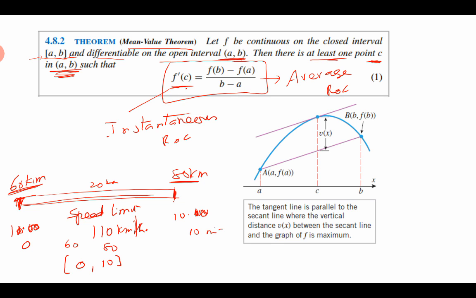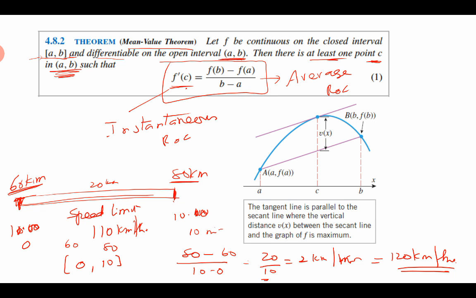Now find the average rate of change: 80 minus 60 divided by 10 minus 0, which is 20 over 10, which is 2 kilometers per minute, since this is 10 minutes. Convert into hours by multiplying by 60: 2 kilometers per minute will be 120 kilometers per hour. What is the point?